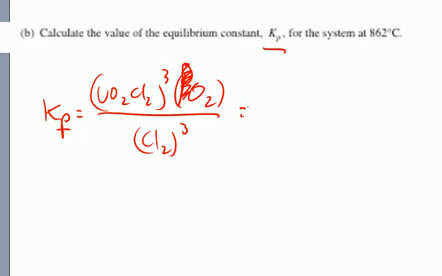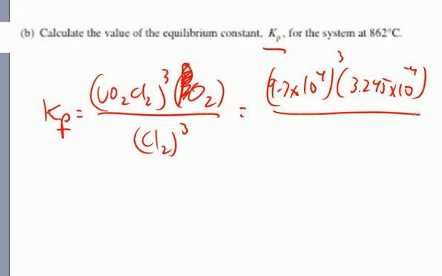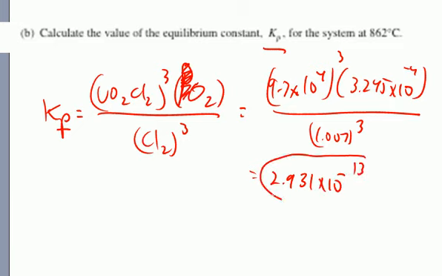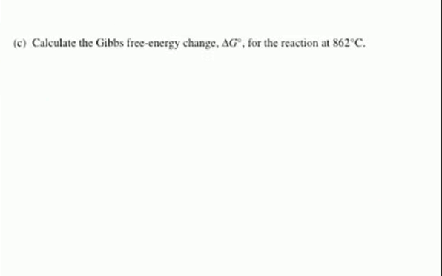So we plug in the values: 9.7 times 10 to the negative fourth, raised to the third power, multiplied by 3.245 times 10 to the negative fourth, divided by 1.007 to the third. We get 2.31 times 10 to the negative 13th.